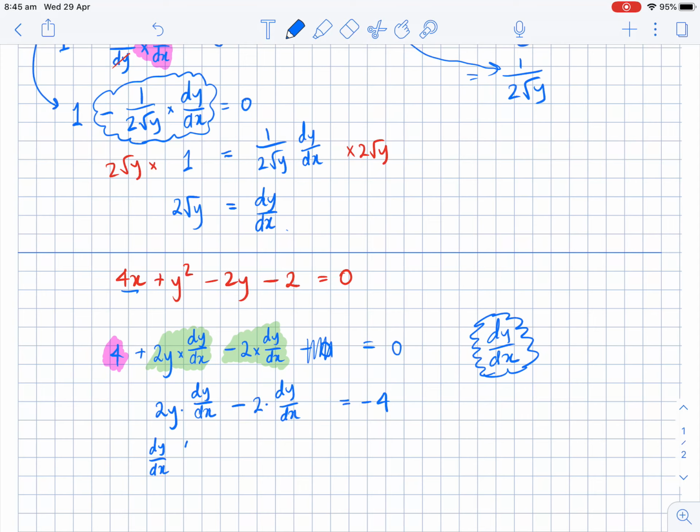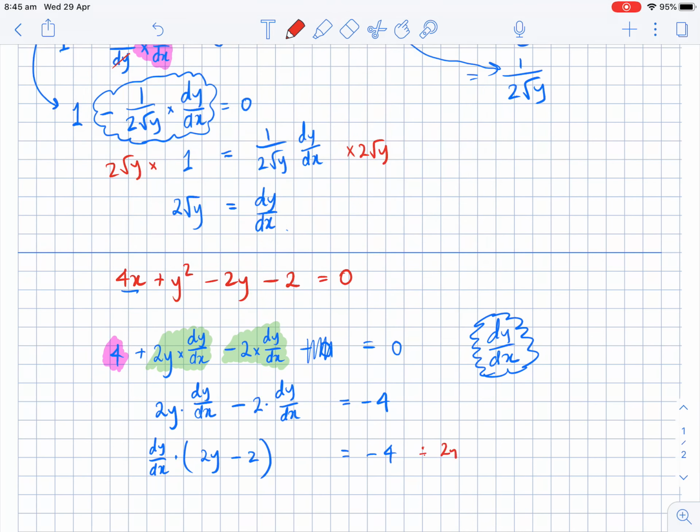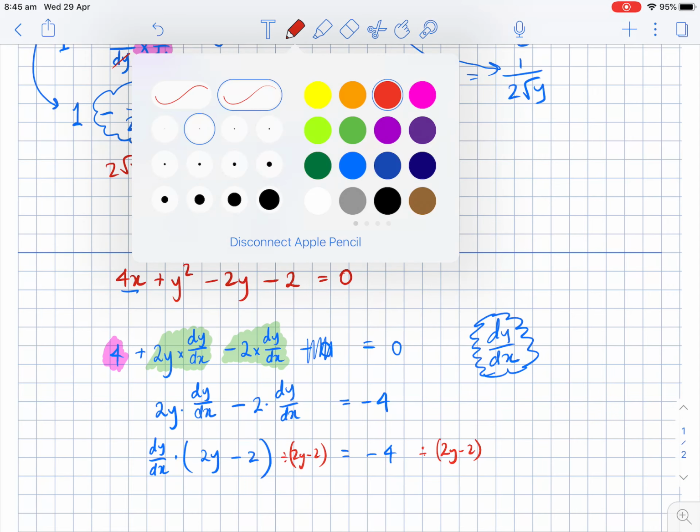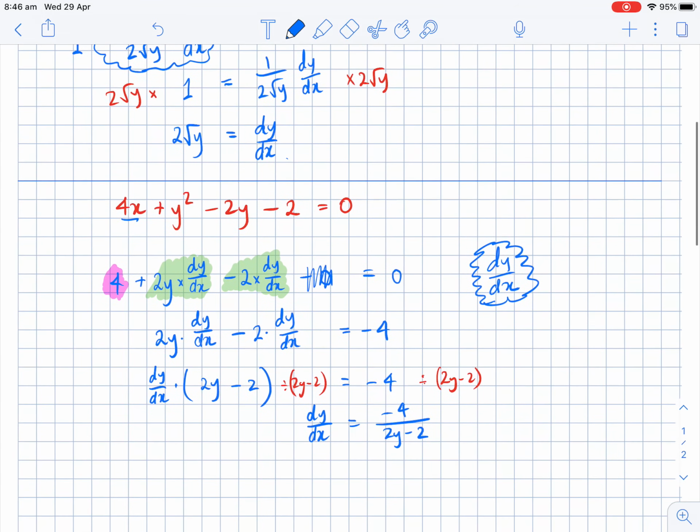So the really simple way to manage that is I just take out a common factor of dy/dx, still being multiplied in here, and I would end up with 2y minus 2 equals negative 4. So finally, if I want to find out what dy/dx is, I have to divide both sides by 2y minus 2. And my final expression becomes dy/dx equals negative 4 over 2y minus 2. And there's my expression differentiated.